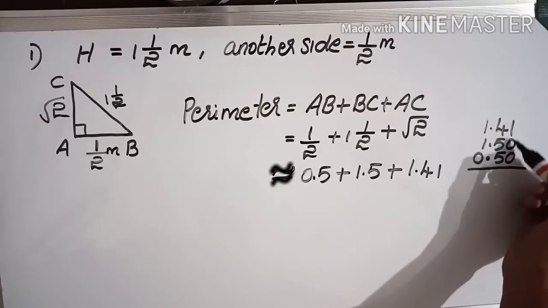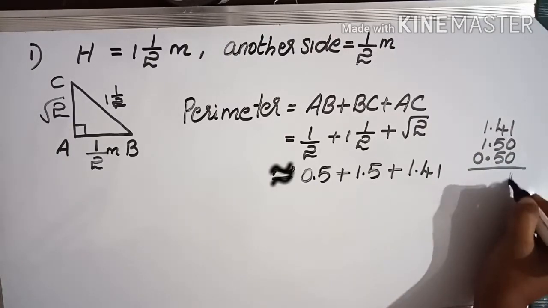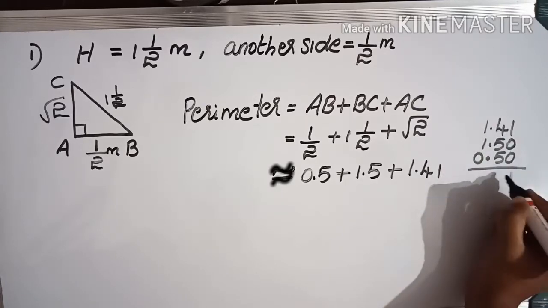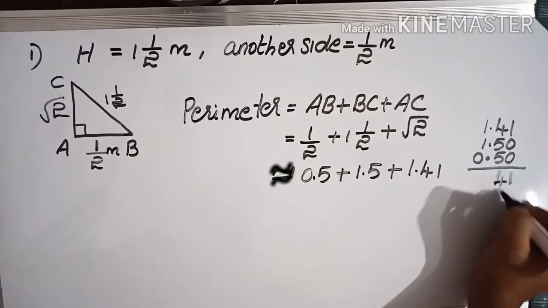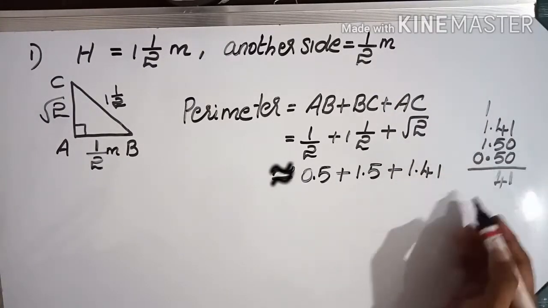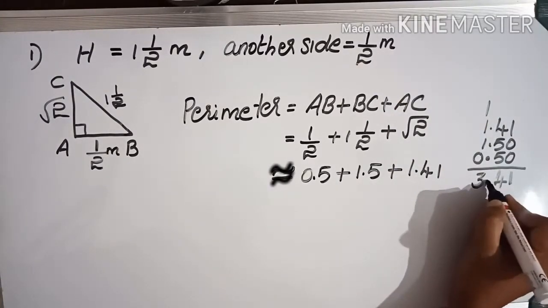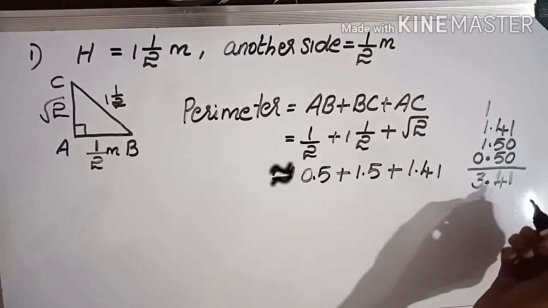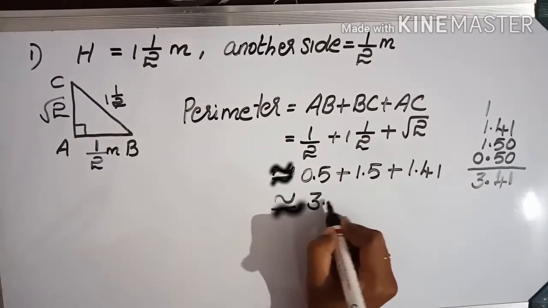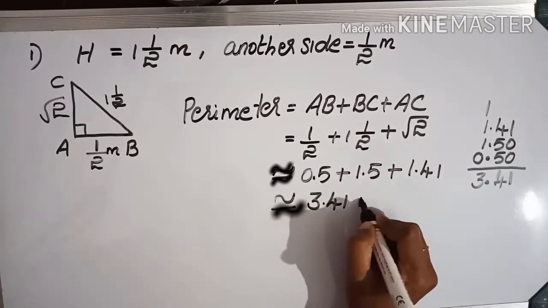Now let's add. So 1. Then 5 plus 5, 10. 10 plus 4 is 14. So 4 here, 1 carried. So 1 plus 1 plus 1 is 3. So 3.41 is the answer we got here. So this is approximately equal to 3.41 meter.